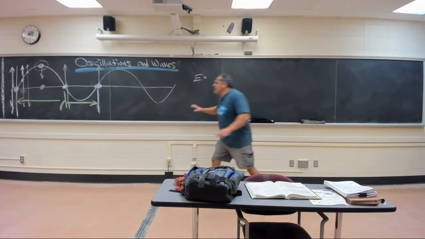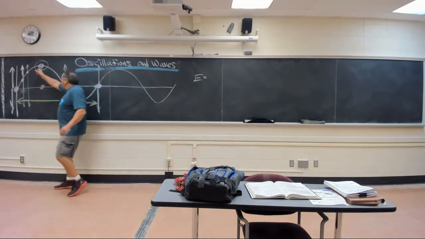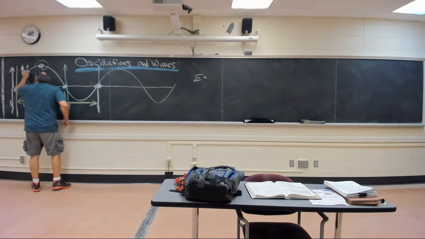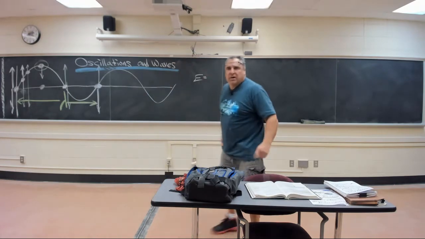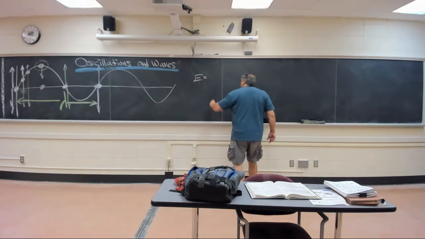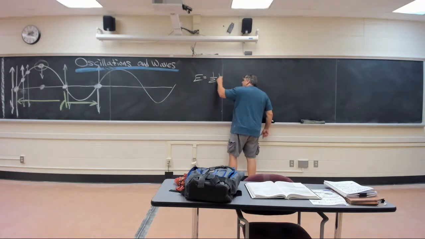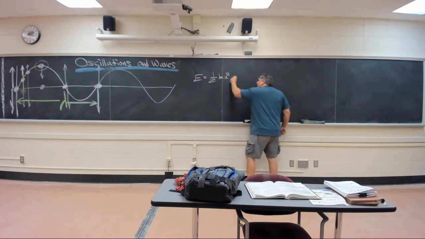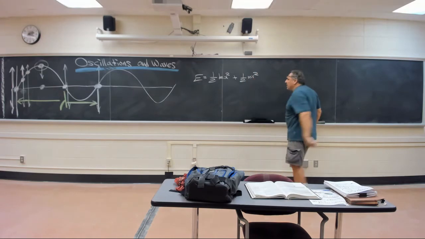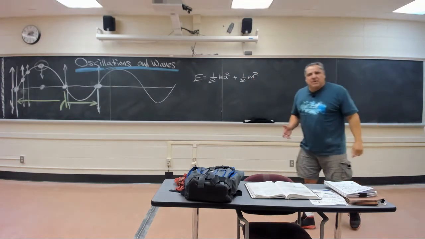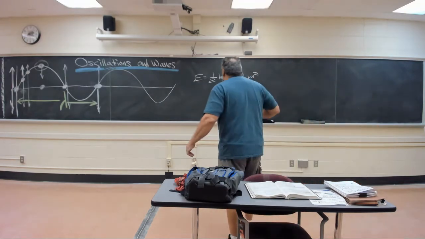But each one of these particles behaves as though it's attached to a spring and undergoing simple harmonic motion. It's as simple as that. Remember, we said it's 1/2 kx squared plus 1/2 mv squared. The book says that too, and they always add up like this.